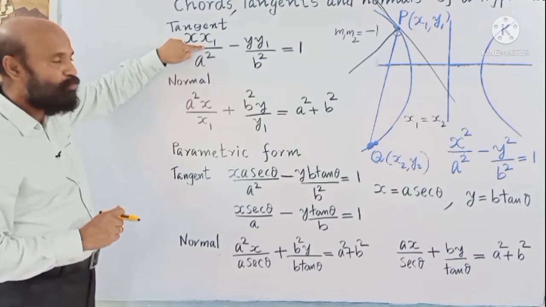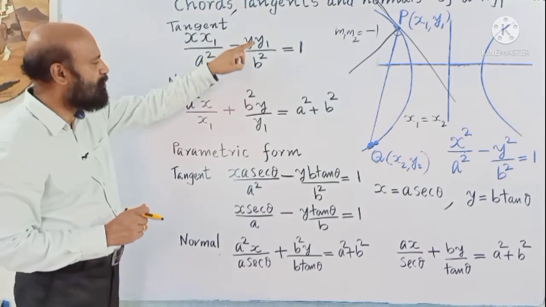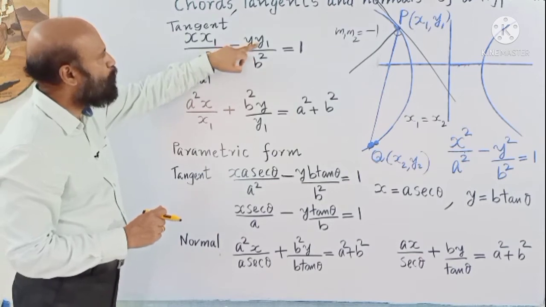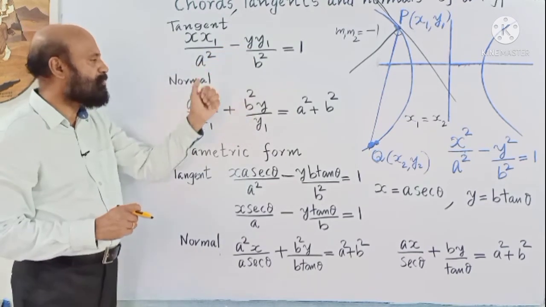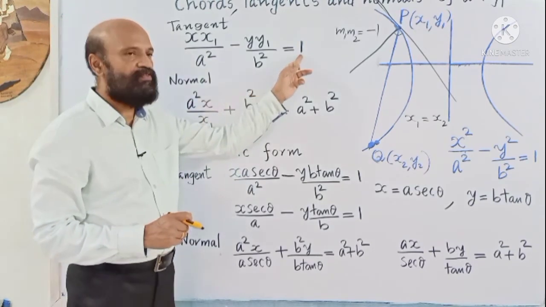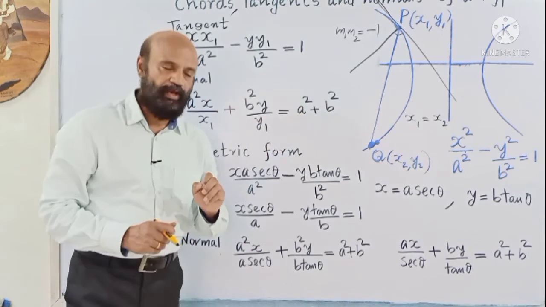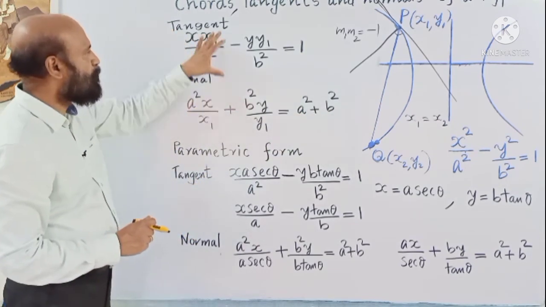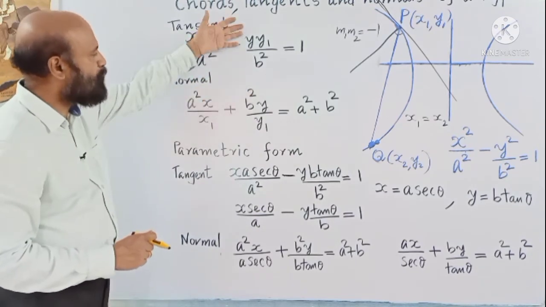Instead of x1 by a square, now a square by x1. Then here instead of y1 by b square, b square by y1, and instead of minus, it is plus here. Then the constant is different. Try to remember the constant. So a square plus b square. So easily you can get it from this. So you need not remember this. From this you can get it.